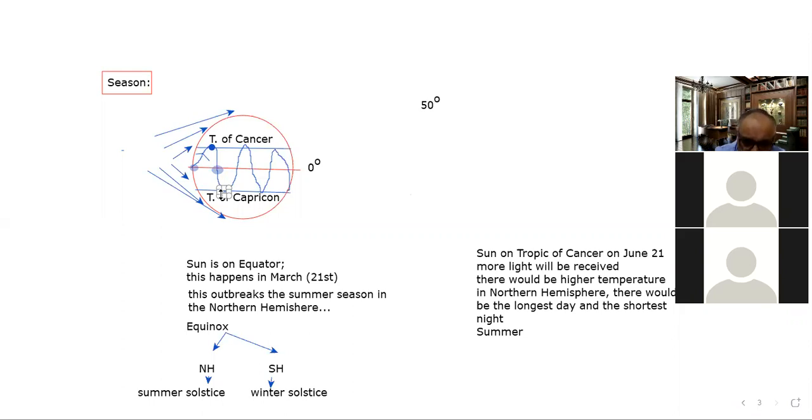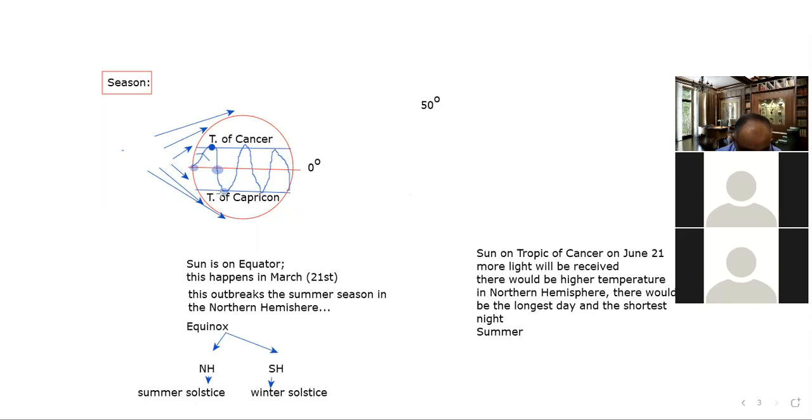The same conditions would happen, but in reverse, meaning opposite. This condition would now happen in the southern hemisphere instead of the northern hemisphere. So this is how the seasons change.